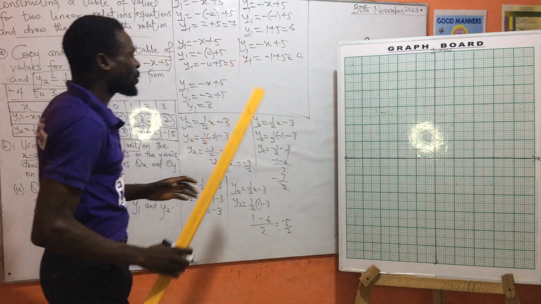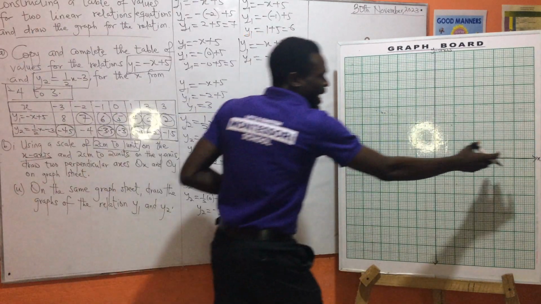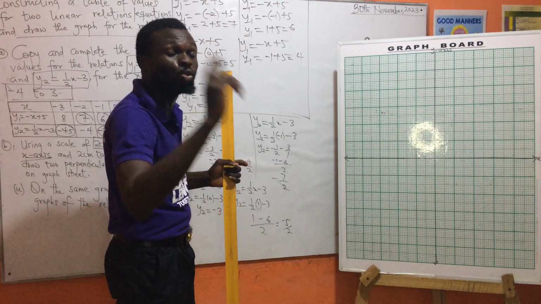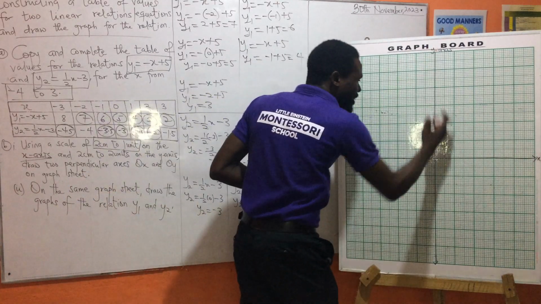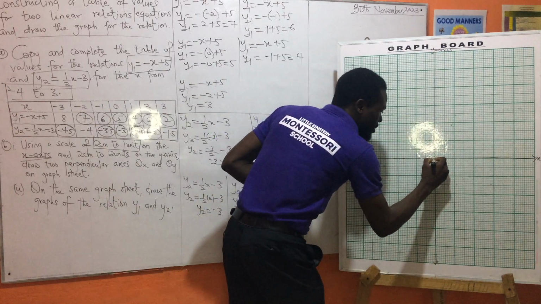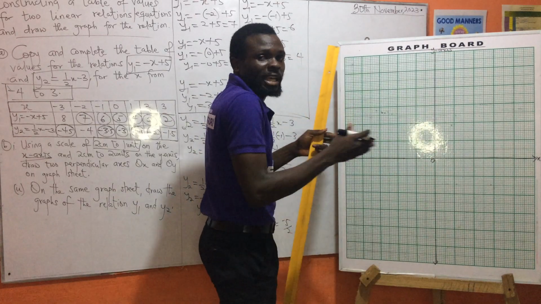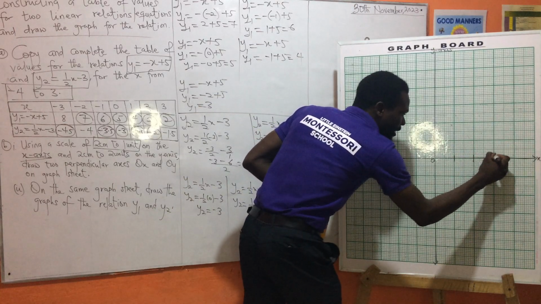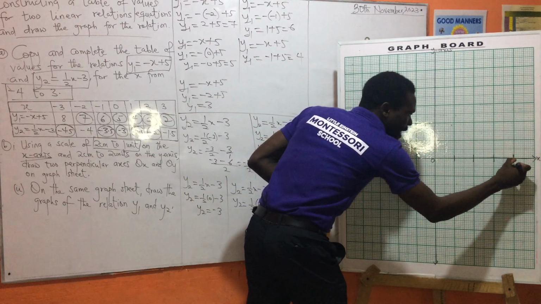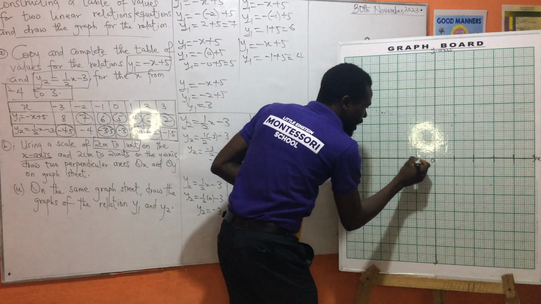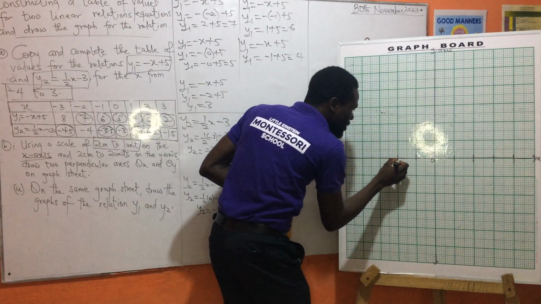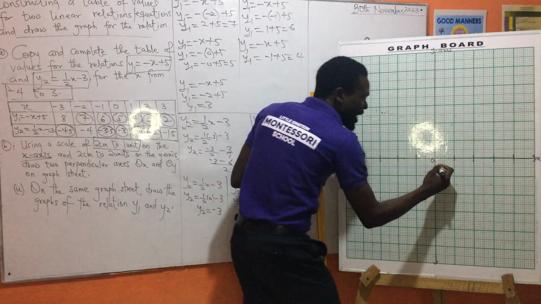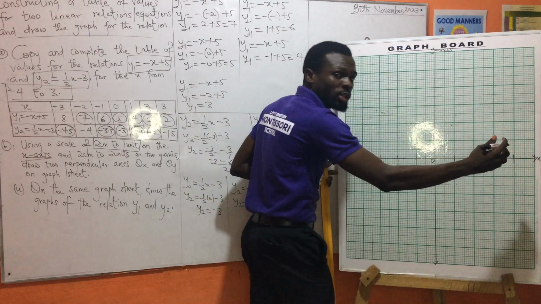So the question is saying that on the x-axis, we should label 2 centimeters to 1 unit. So the intersection of the x and y is 0. From one thick line to the next thick line, that gives you 2 centimeters. So since it is 1 unit, then I know that the numbers here are positive.